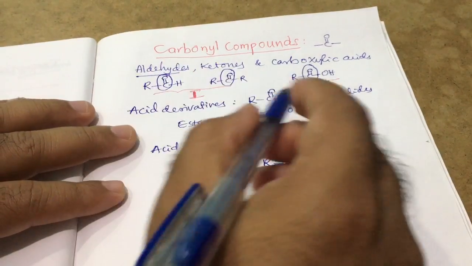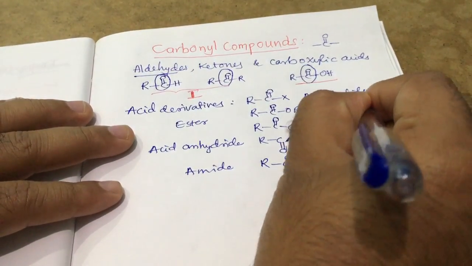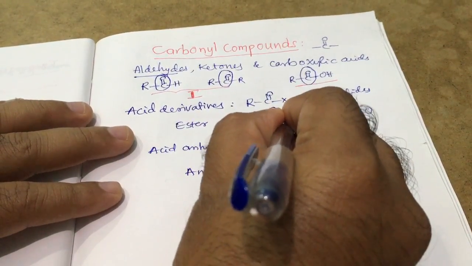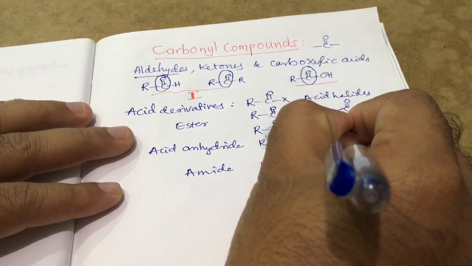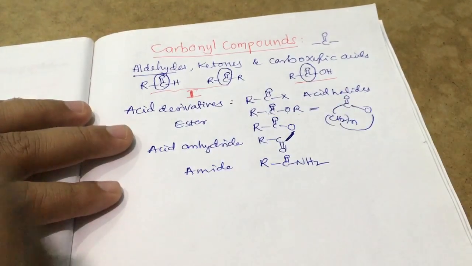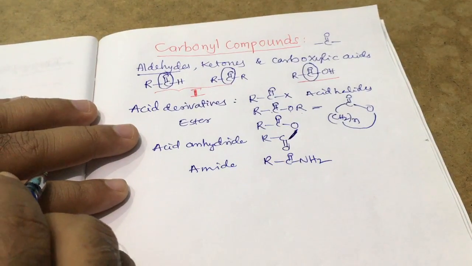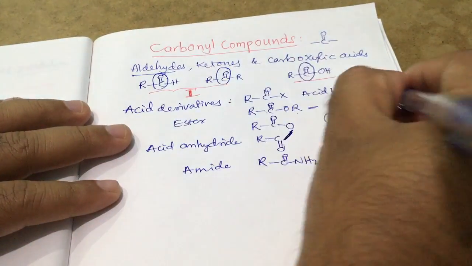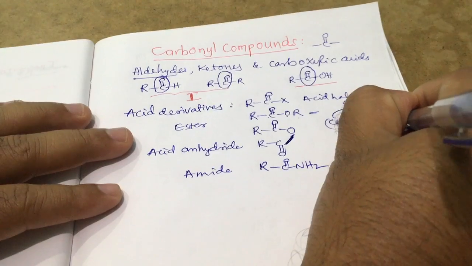That depends on you, whatever you want to take. This is an ester, C=O, with R, bonded like this. Cyclic esters are also known as lactones.